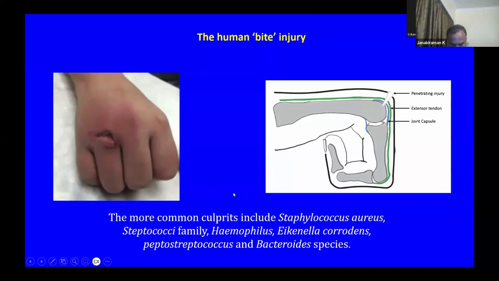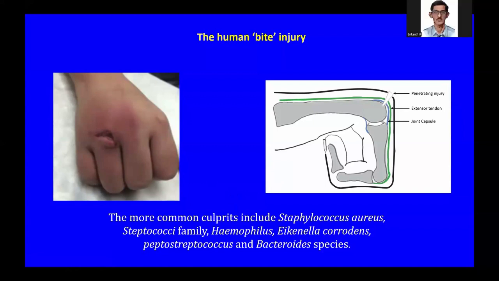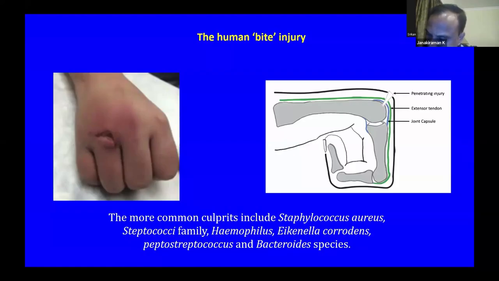So this is a surgical emergency. The common agents are Staphylococcus aureus, Streptococcus, and a specific organism called Eikenella corrodens. It requires surgical toilet and laying open of the wound in addition to the antibiotics for systemic control. Now, this human bite injury is considered to be a surgical emergency on par with an abscess that needs to be drained.